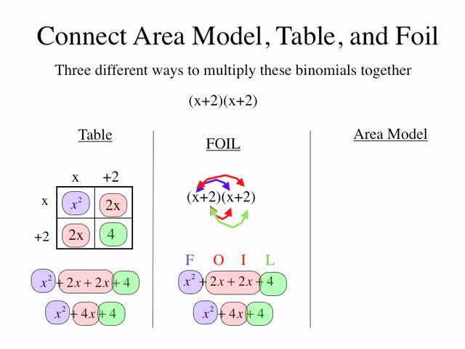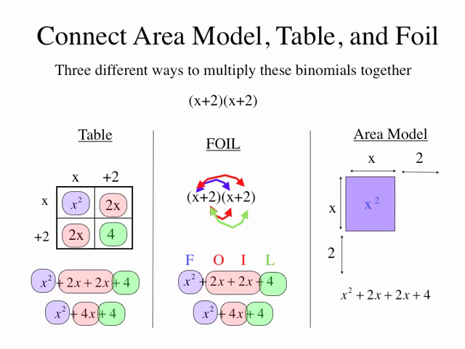Finally, let's make a connection to the area model. If we drew a square in this case, because our length and width are the same, that was x plus 2 units wide and x plus 2 units tall, it would have 4 squares within it. The first is an x by x square. The second is a rectangle that's 2 units tall and x units wide.